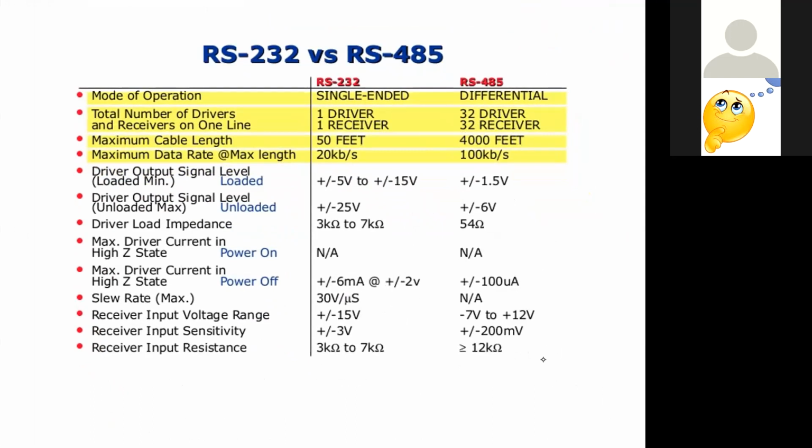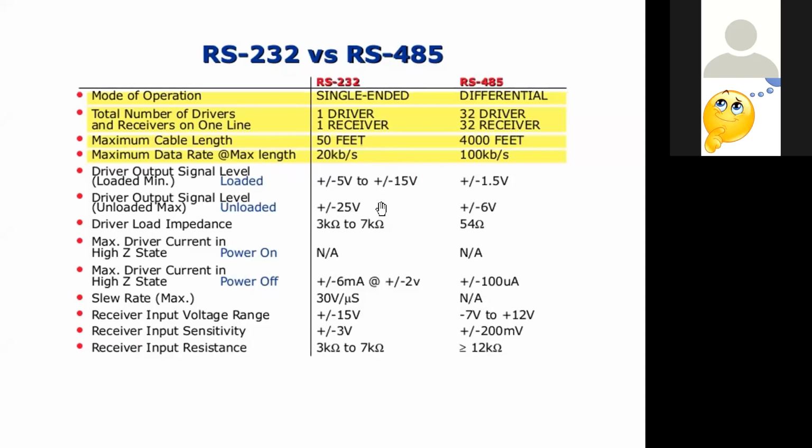Actually, you just have to see that one is single-ended and the other is differential. How many drivers are needed? You have seen the maximum cable length is only 50 feet for RS232, and the bits per second transmitted will change between RS232 and RS485.